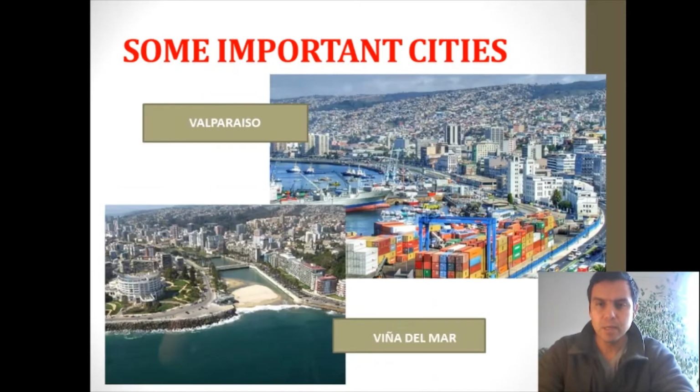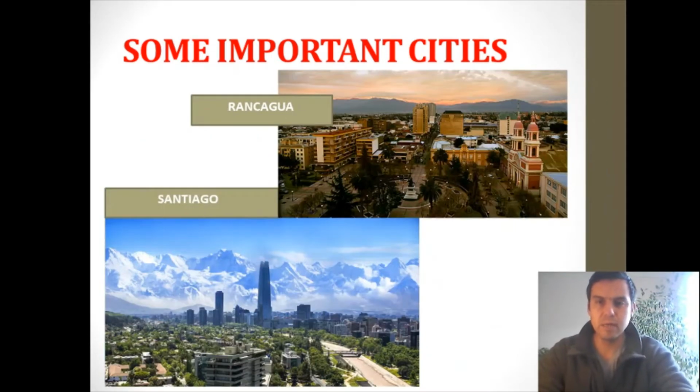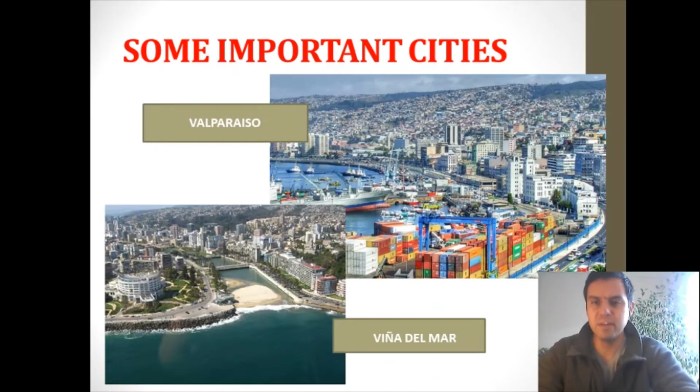Okay, and also, well, the previous ones, Santiago and Rancagua, are located in the Central Valley, okay? Not by the ocean, not close to the sea, but these ones, Valparaíso and Viña del Mar, are by the ocean. So what you have there is these mountains here, the coastal mountain range, and the Pacific Ocean here.